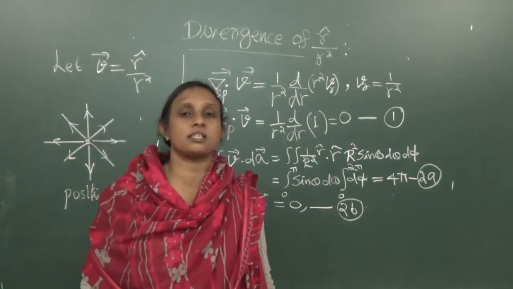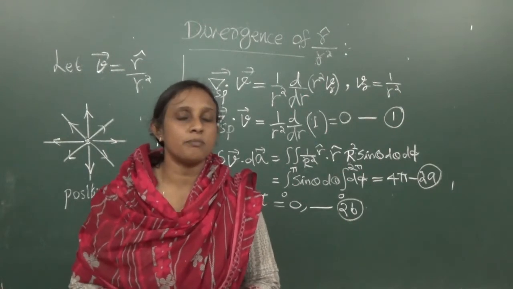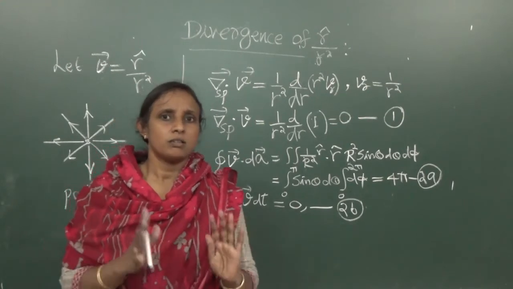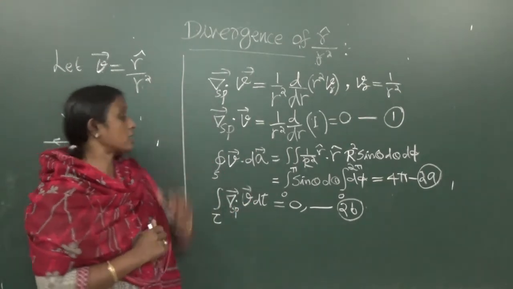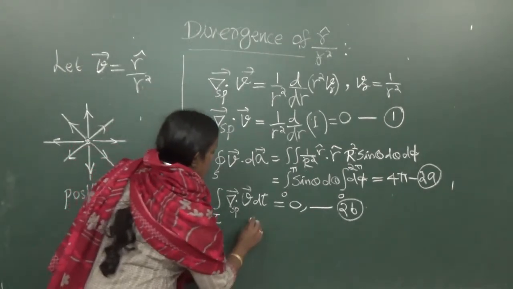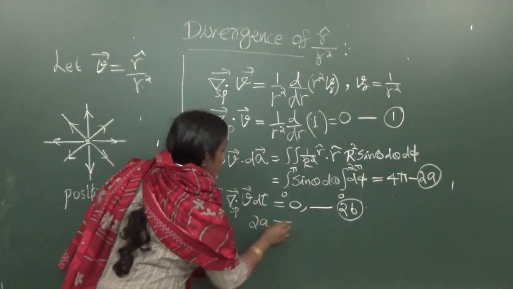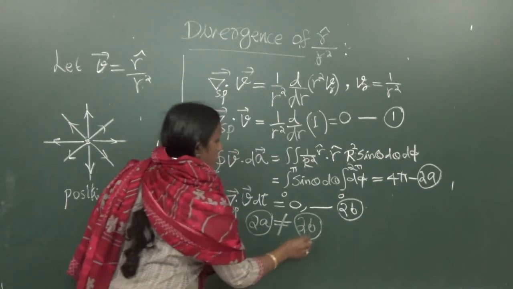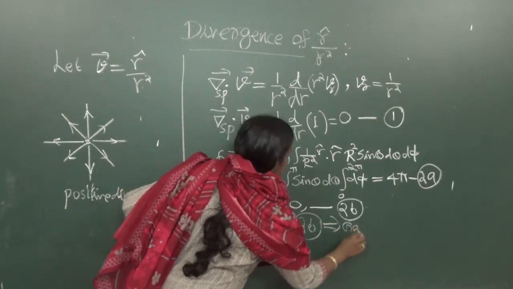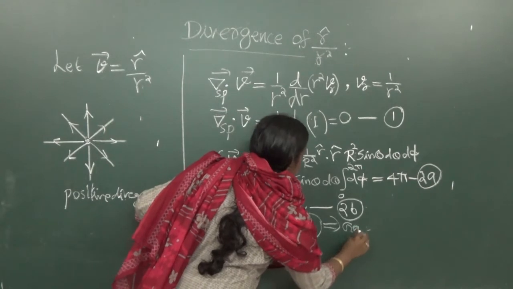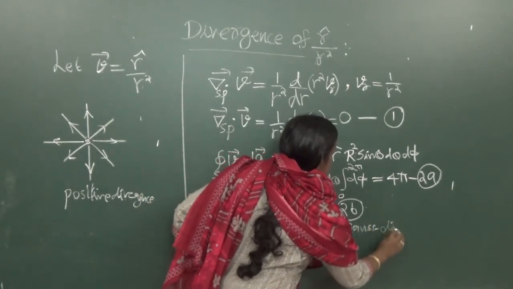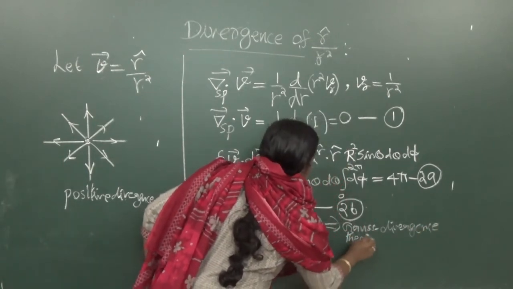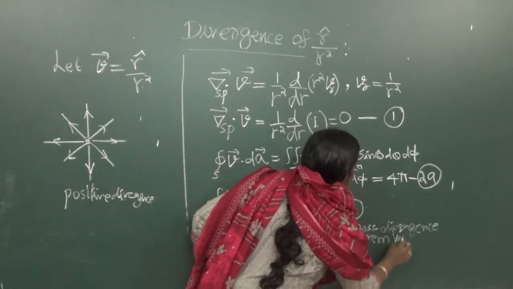So it looks like the Gauss divergence theorem gets violated. There is some problem with this function r cap by r square. That means equation 2a is not equal to equation 2b, and the Gauss divergence theorem is violated.